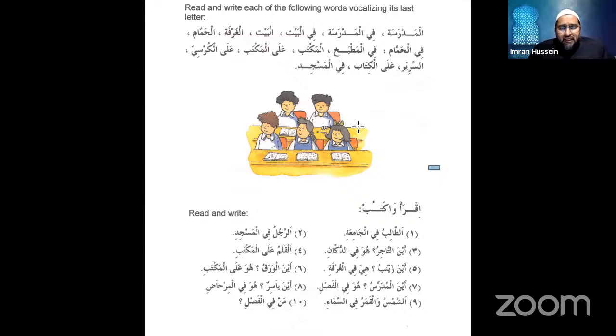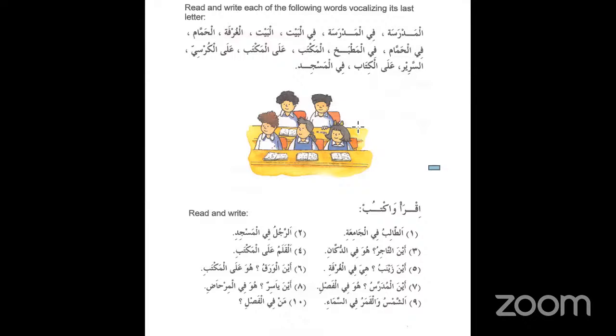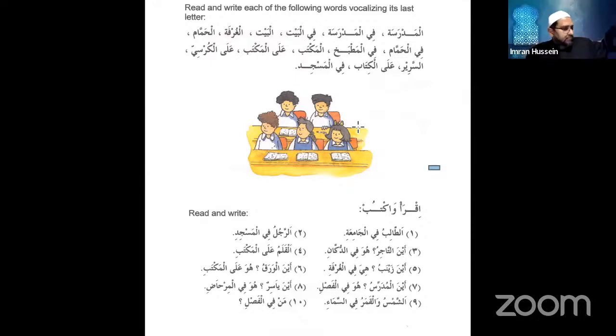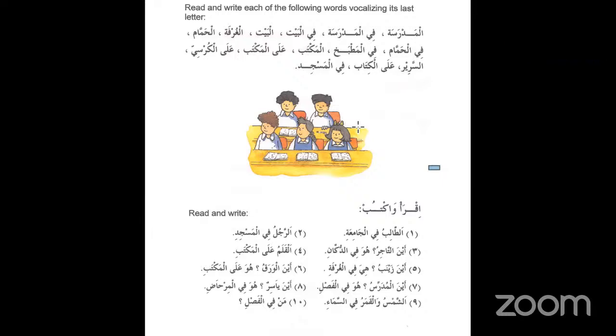Where is Yasir? He is in the toilet. Ash-shamsu wal qamru fis sama'i. The sun and the moon are in the sky. Man fil fasli? Who is in the classroom?